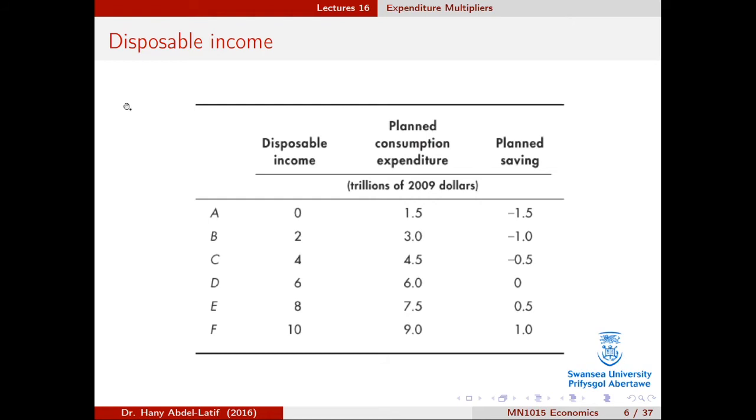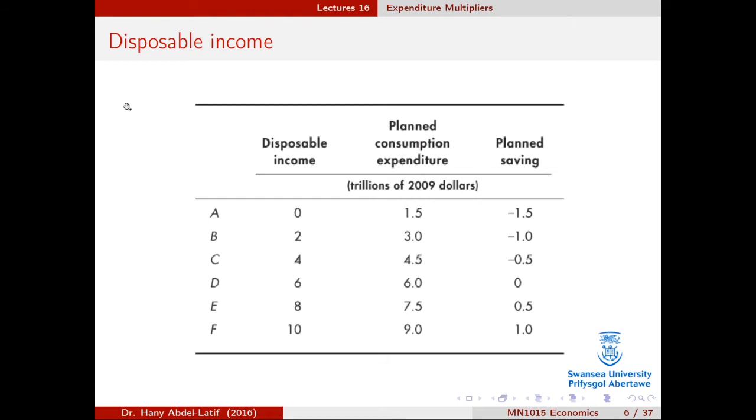So you will see this is 1.5, this is minus 1.5. Just remember, this is a very simple and naive example, but the main idea is to explain the relationship between consumption and disposable income, and between saving and disposable income. As we said, these are the consumption function and the saving function.